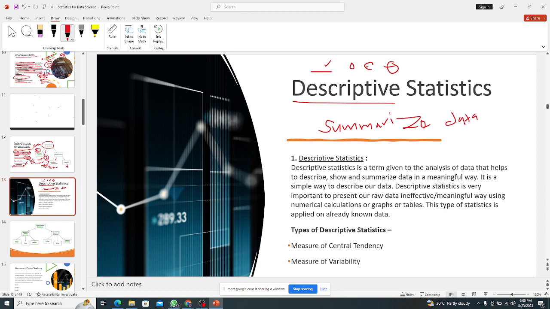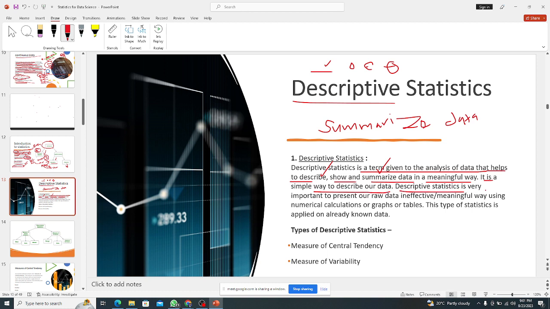That is unlike inferential statistics. Descriptive statistics is a term given to analysis of data that helps to describe, show, and summarize data in a meaningful way. It is a very simple way to describe data.